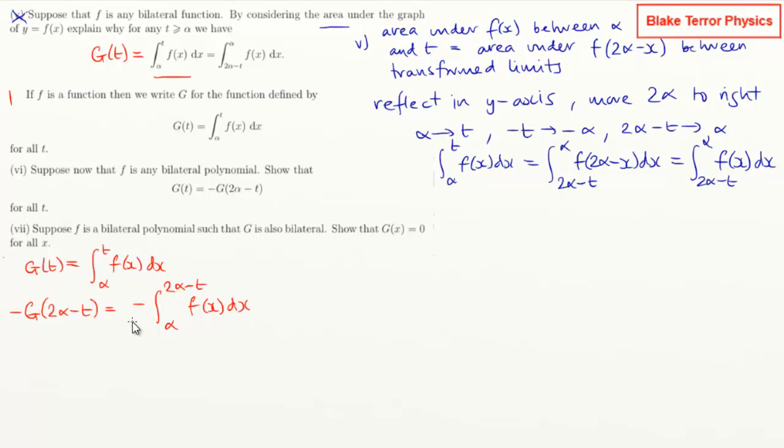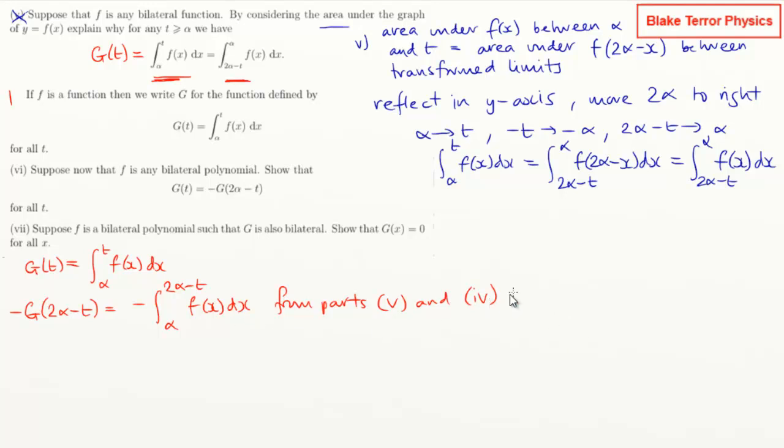We've already done a lot of this, from part 5 and the previous part, part 4. We can flip the limits round and get rid of the minus sign, and then transfer the limits back to be g of t.